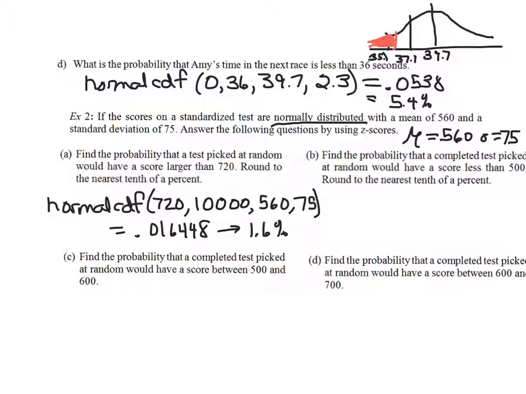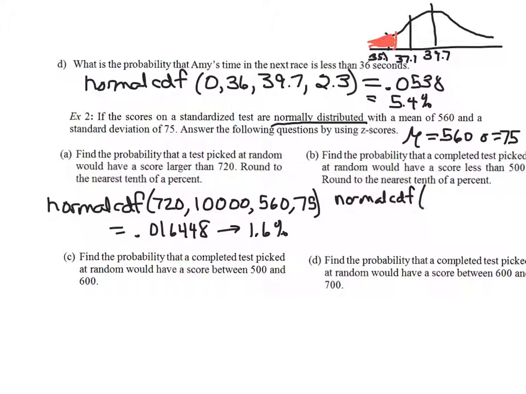Now in part B it says find the probability that a completed test picked at random would have a score less than 500. Round to the nearest tenth of a percent. So we're going to do our normal CDF again.